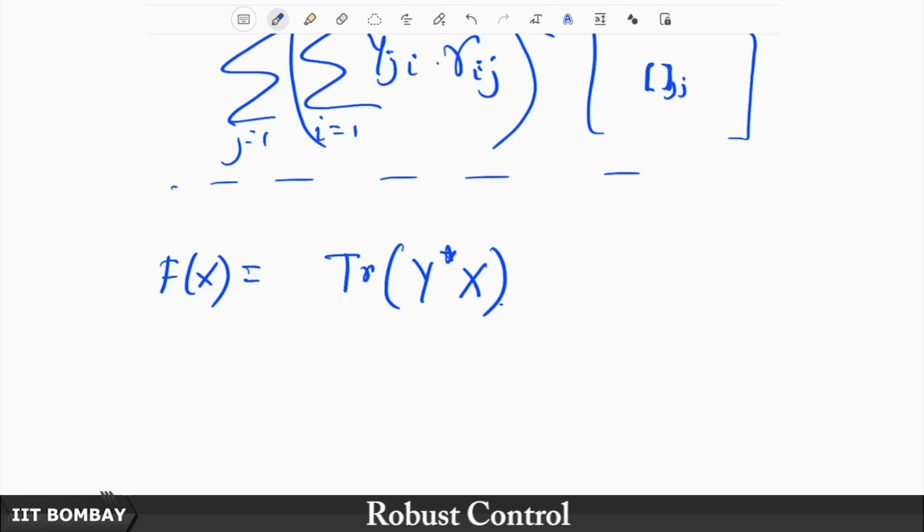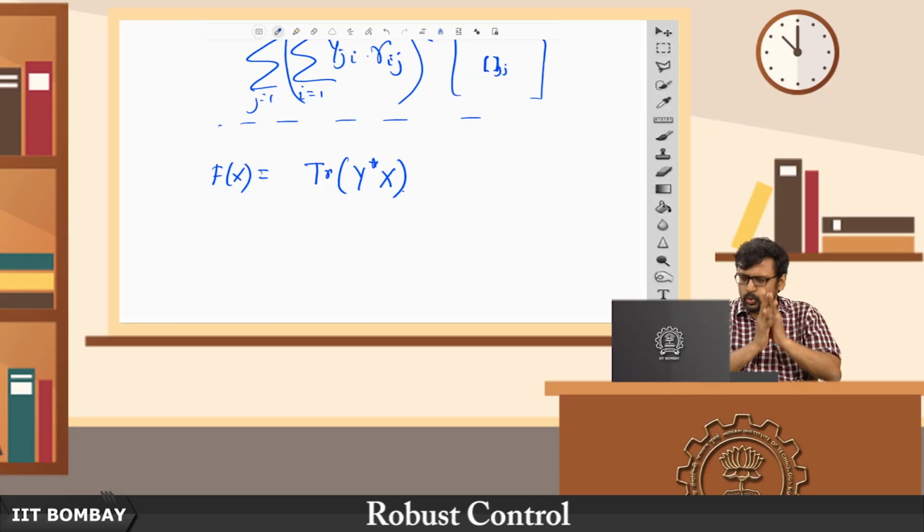For the case of n cross 1 vectors, it is the inner product, that is the only kind of linear functional you can define, and for the case of n cross n matrices, it is the trace of y Hermitian times x for some chosen y.